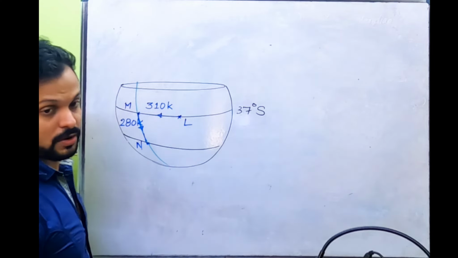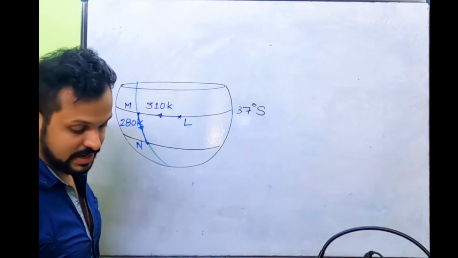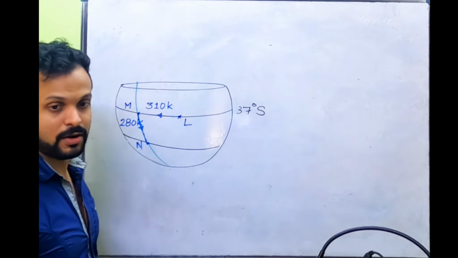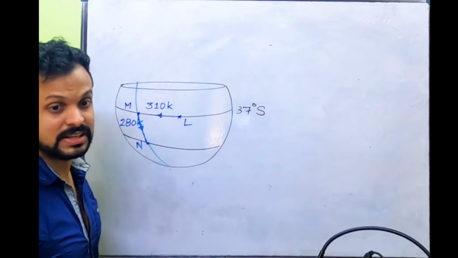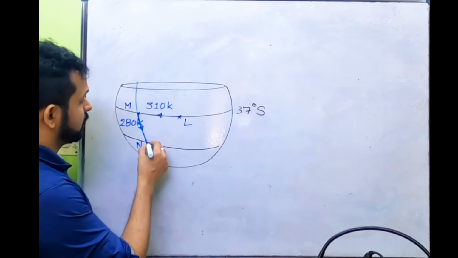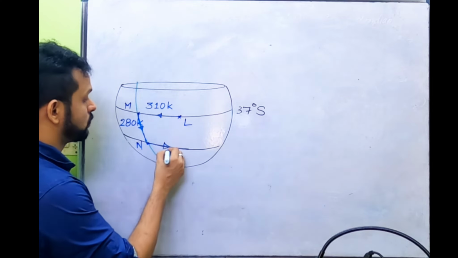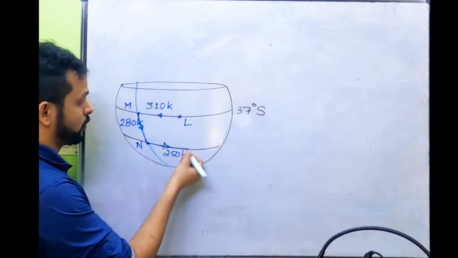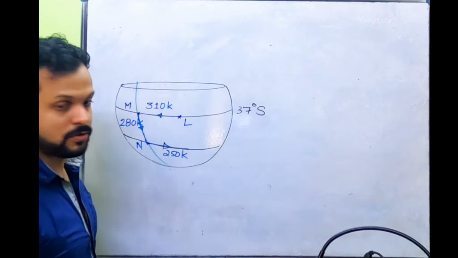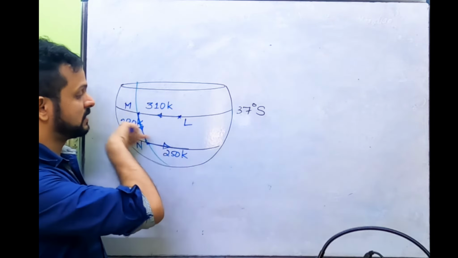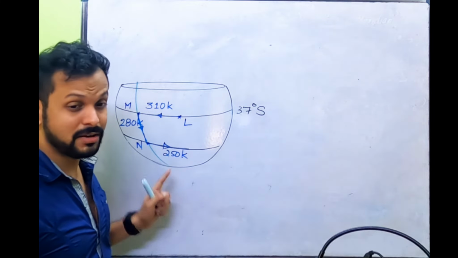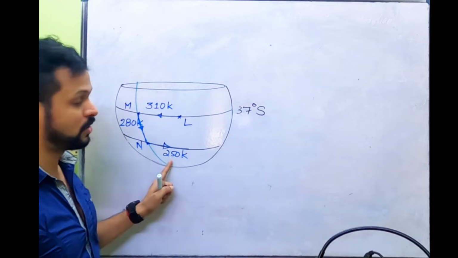You reached N. Now what's the next step? From N, you're again turning left onto a track of 090 true, which is an easterly track, and your ground speed is now 250 knots. So we are traveling three different legs here: westerly, southerly, and then easterly, with three different ground speeds, 310 knots, 280 knots, 250 knots.